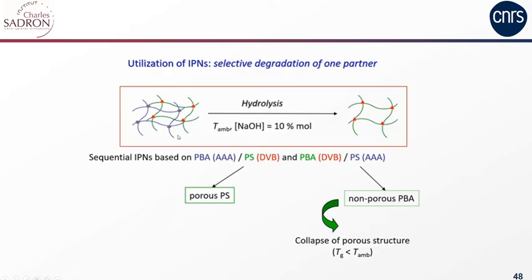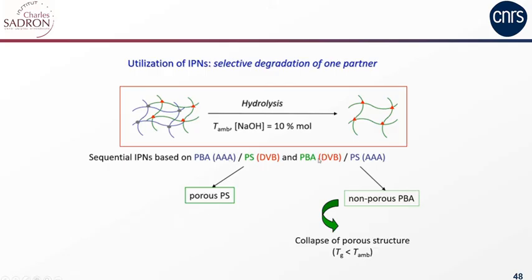So interestingly, if you have a polybutyl acrylate polystyrene, when you degrade polybutyl acrylate, you will obtain a porous polystyrene because you cleaved the crosslinks of acrylic acid anhydride.